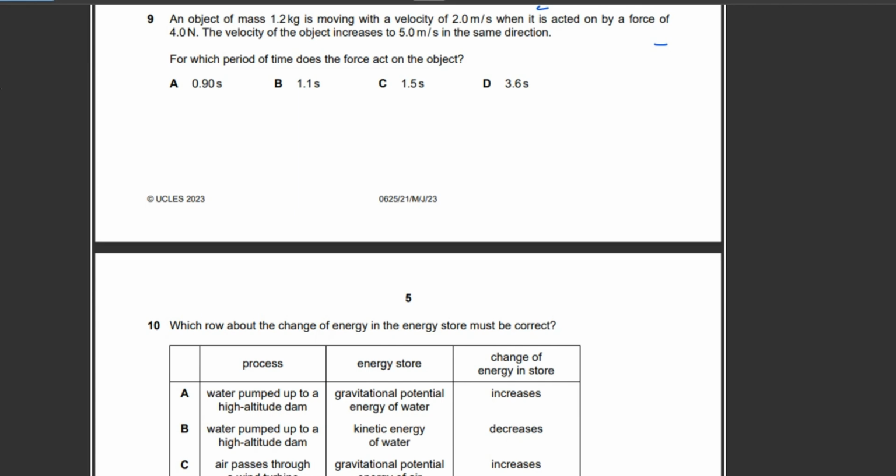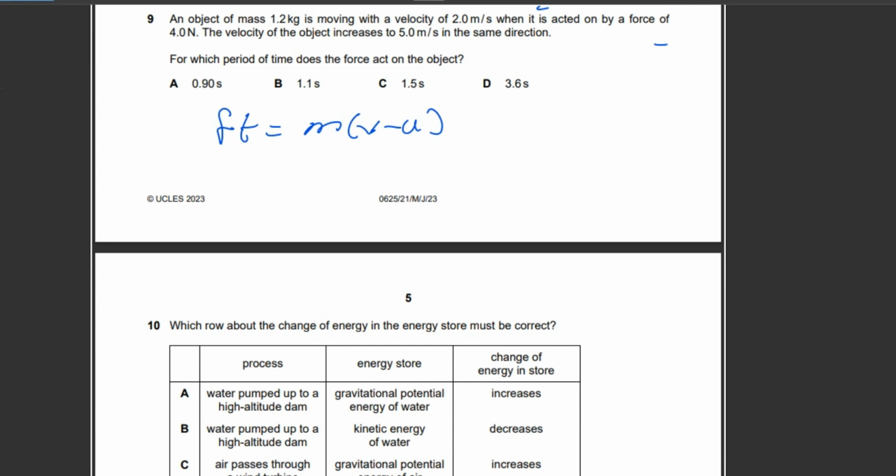So I can think about it in 2 ways. I think about it as I can see change in momentum here. So I can say impulse is equals to change in momentum. If you remember this, the impulse-momentum theorem says that impulse equals to change in momentum.